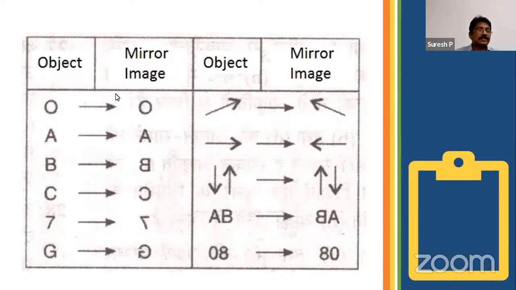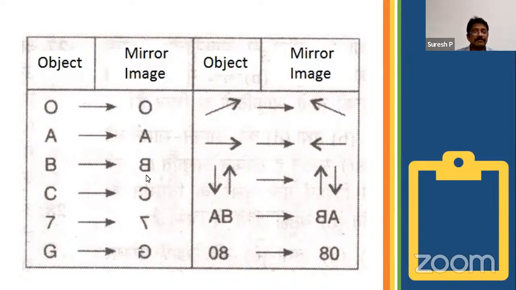So when you see this, O is a letter, O is in a circular shape. So obviously the mirror image will also be in the circular shape. So the mirror image of O will be again O. Okay, when you come to the next one, letter A. So when you take the mirror image, letter A seems to be like A. And if you take B, the mirror image means here it is inverted.